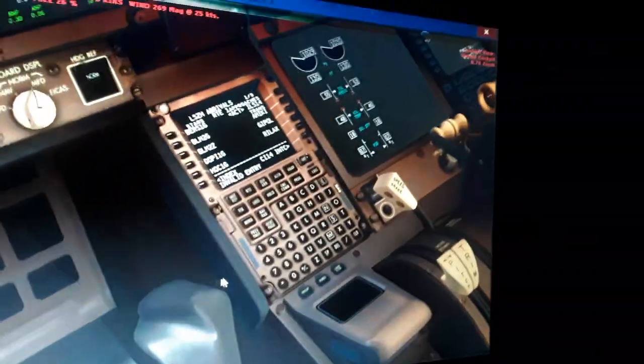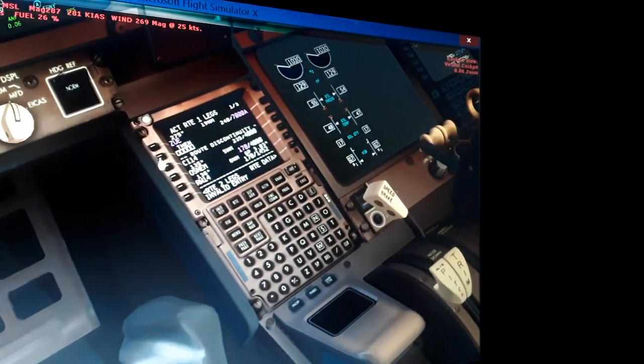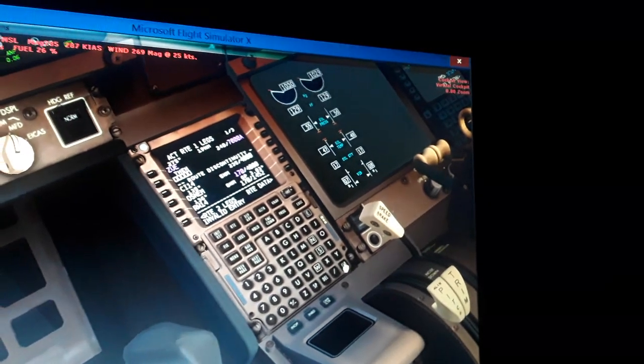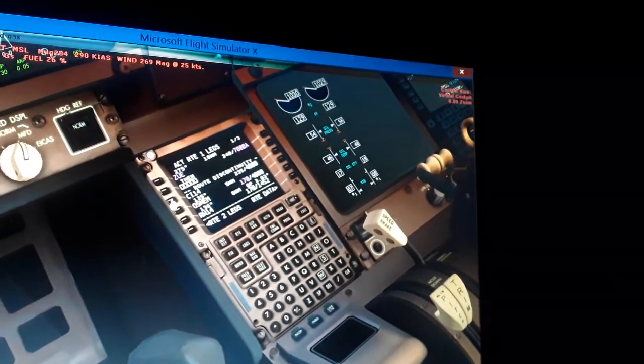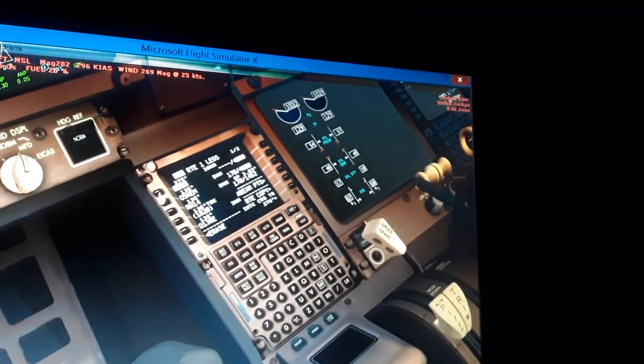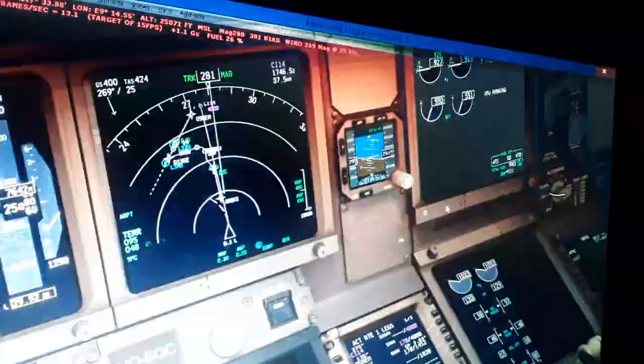So we're gonna use a direct 2. So we have to steer like this to the next waypoint.